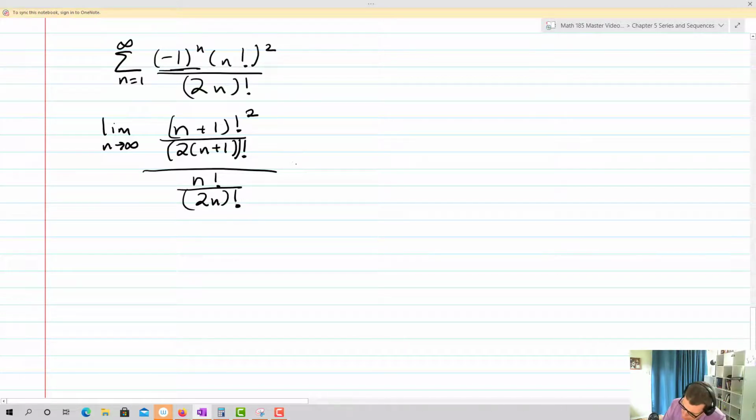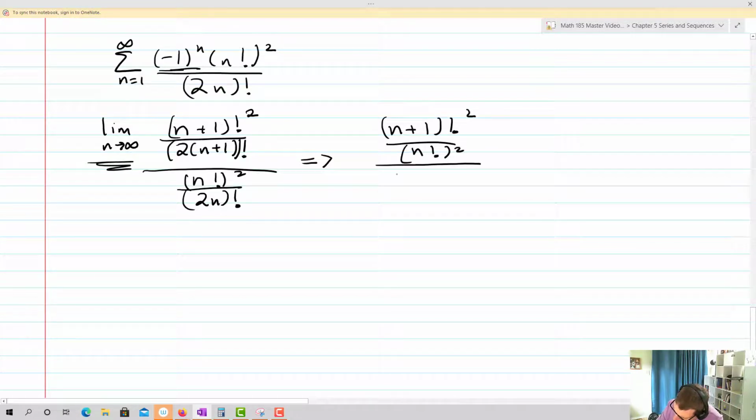And so this is then going to equal, and I'll remove the limits for just a moment and bring them back in just a second, I'm just going to do some algebra. So this is going to be ((n+1)!)^2 over (n!)^2 divided by (2(n+1))! over (2n)!.